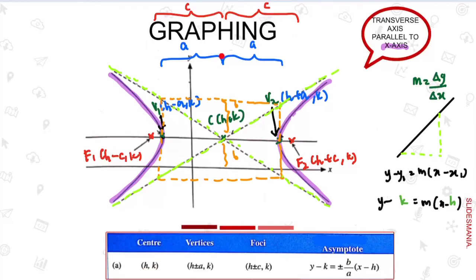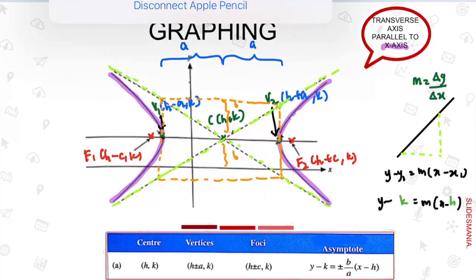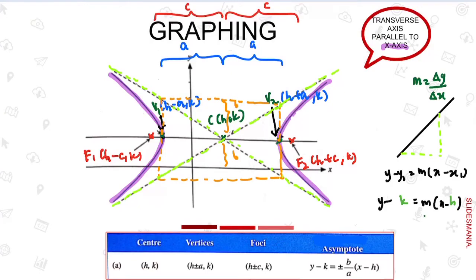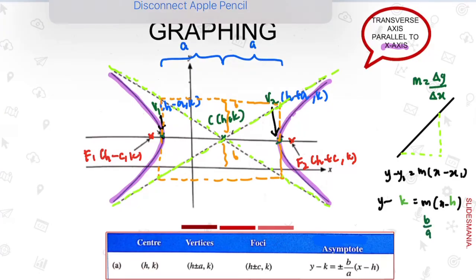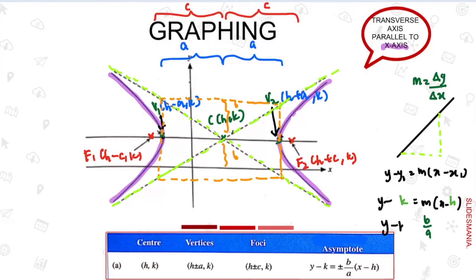This is the value of a. So let us fill in. Our m right now is b over a. So your formula will become y minus k equals b over a times (x minus h). This is the equation of your asymptote with a positive slope.